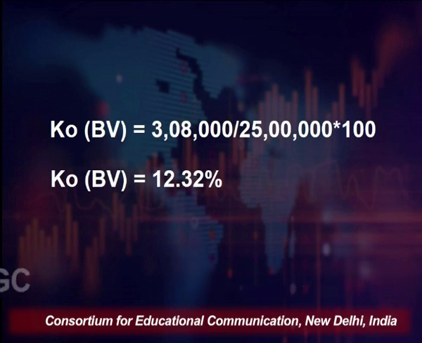So, we can play safe, and the conservatism principle we can follow, and we may consider the market value weight because it is showing higher cost of capital, okay. So, this is how the difference in the book value and the market value weights can be seen when we are calculating WACC or overall cost of capital.